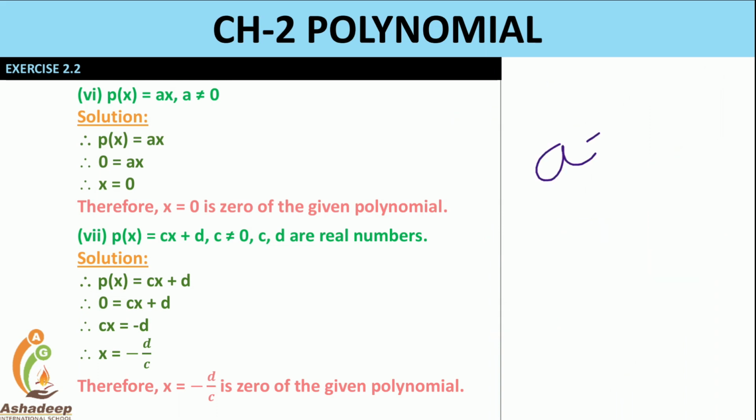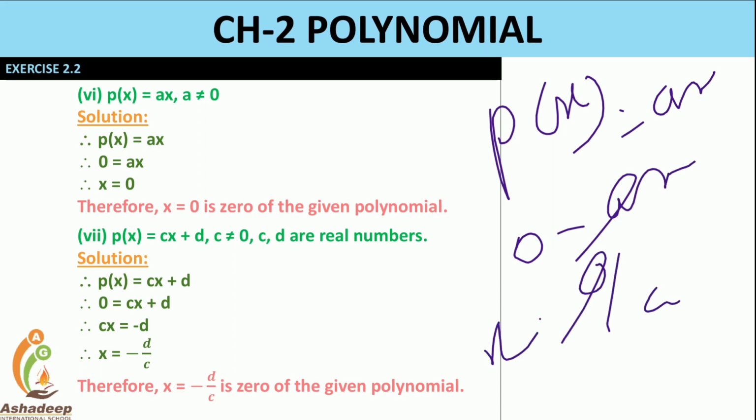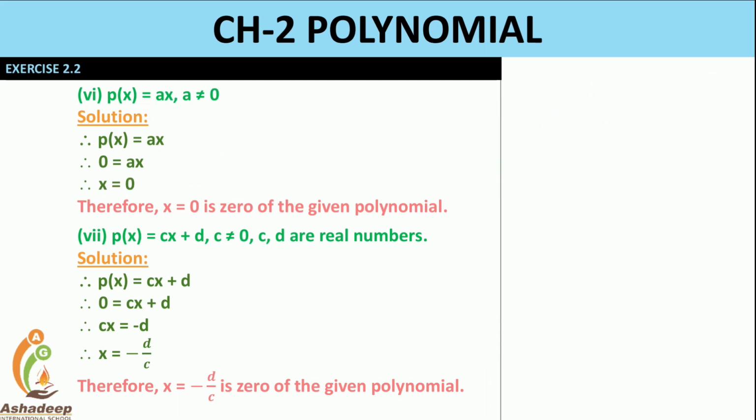That is why we need to say that a is not equal to 0. So p of x is equal to ax, 0 is equal to ax, x is equal to 0 upon a, therefore x is equal to 0. So x is equal to 0 is the 0 of the given polynomial.